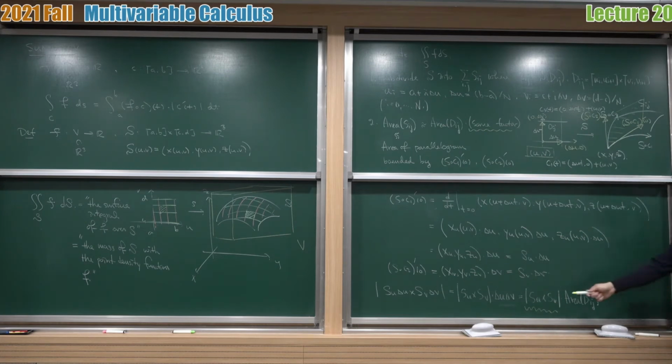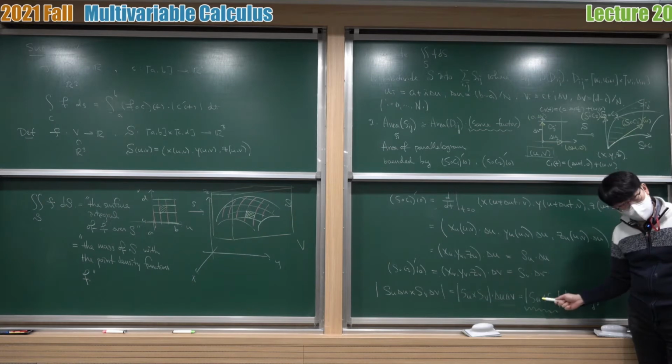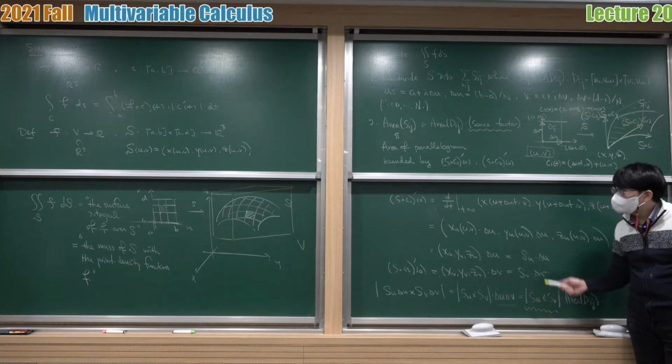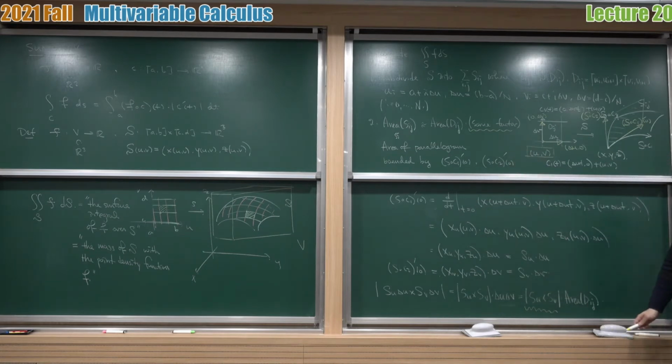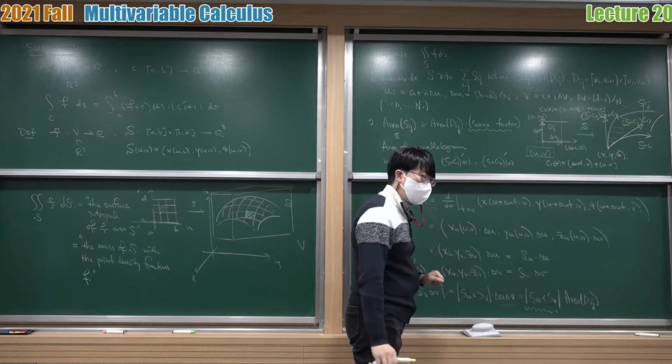Then we know that this vector is the norm of a vector obtained by the cross product of 2 vectors: one is Su at ui, vi, the other is Sv at ui, vi. If you get 2 vectors at one point, take the cross product and take the norm, that is the factor that makes this approximation equal.